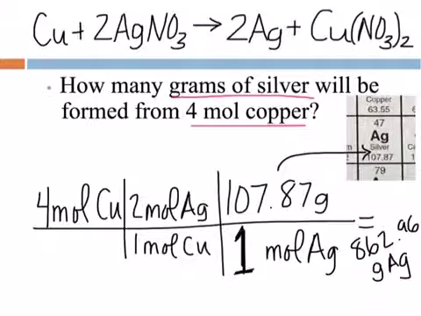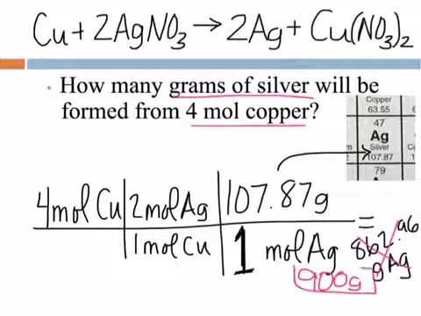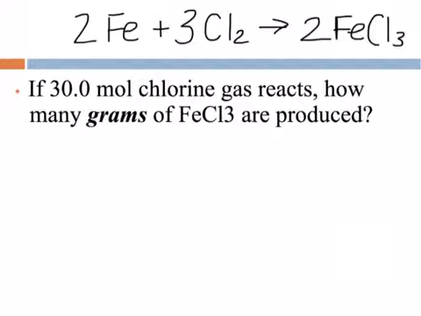Now, if I want to be really picky, because of sig figs, this only has 1 sig fig, so I really would want my answer to have only 1 sig fig. So you probably want to have an answer of 900 grams, okay? So if you're being picky about sig figs, which you know I am, you want your answer to say 900.